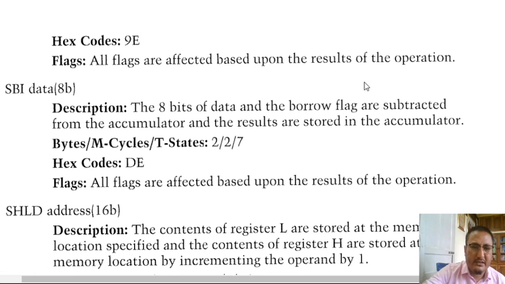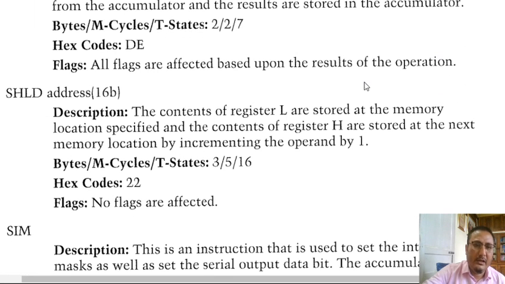Now SHLD. The content of the register L is stored at the memory location specified, and the content of the register H is stored in the next memory location by incrementing the operand by 1.